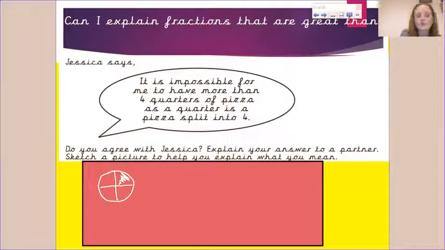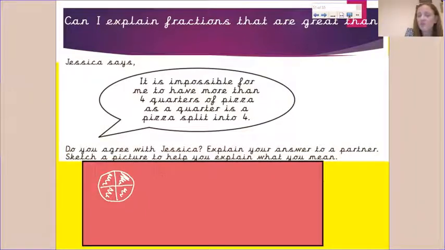Do you agree? So give it a thought. She says 1 quarter is split into 4. So 2 quarters she could have, 3 quarters she could have, 4 quarters she could have.